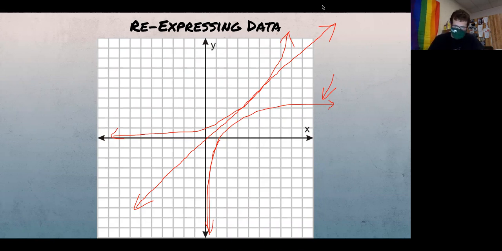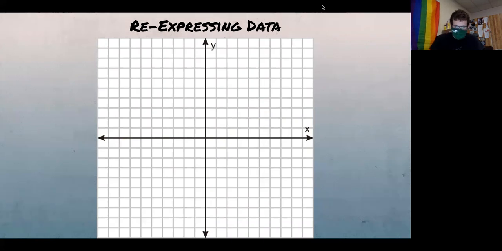Okay, so this one, I maybe started off with a more challenging one. So this is a, let's go with this. What would you call that? A parabola. And the type of function would be y equals x squared. Yes.